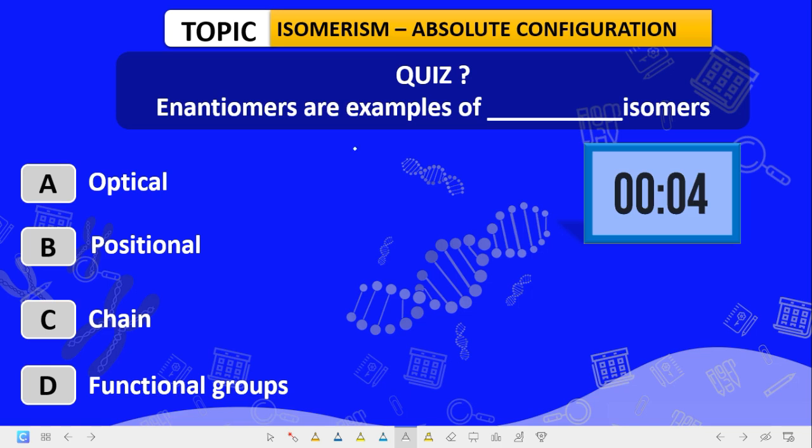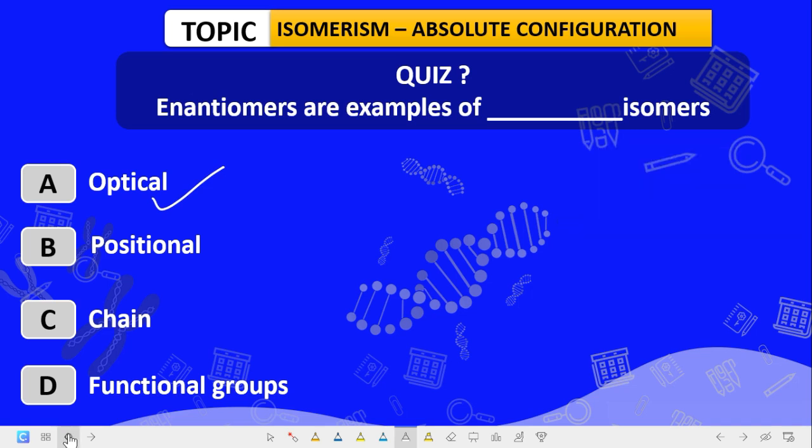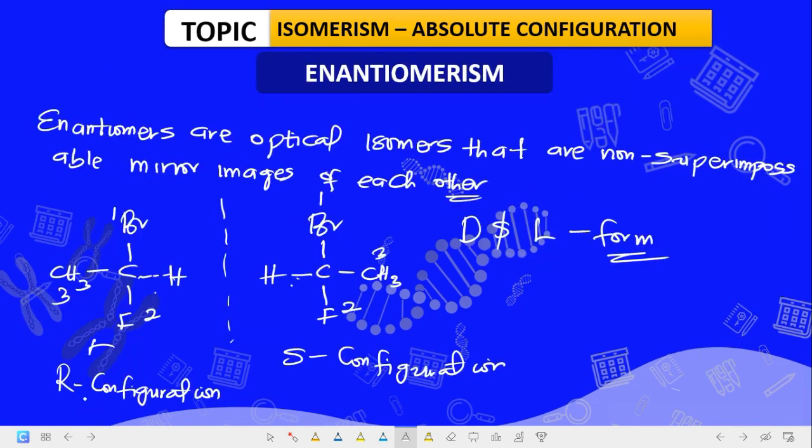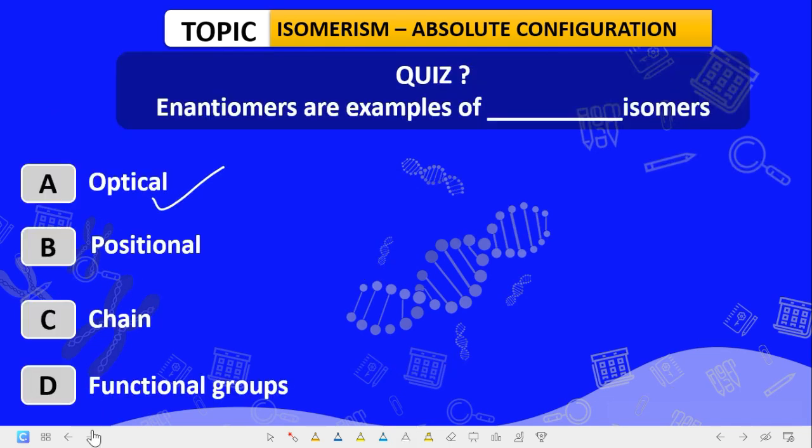Okay, so which of them is the correct answer? Enantiomers are optical isomers. I've said it just now, that enantiomers are optical isomers that are non-superimposable mirror images of each other. So the correct answer is option A, which is optical isomer.